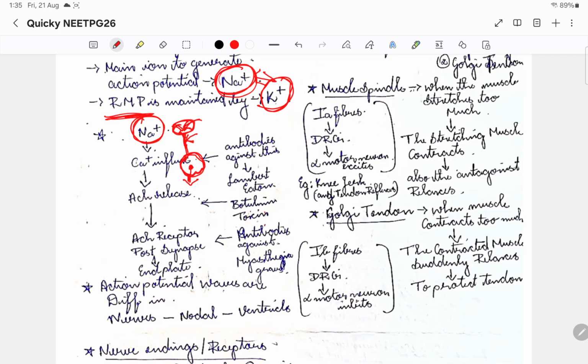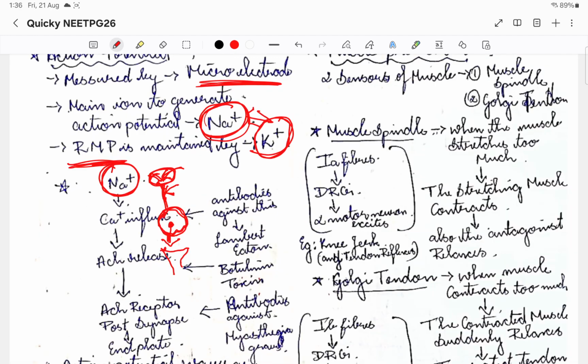Once the acetylcholine is released, the next neuron, with the receptors that are present after the first neuron, will have the acetylcholine receptors. This is called the post synapse. This is the pre-synapse, this is the post synapse.